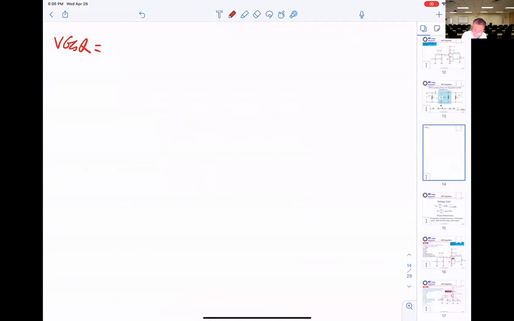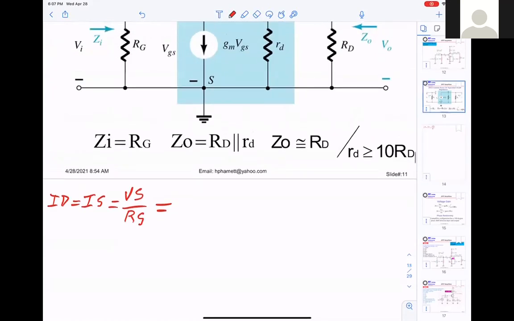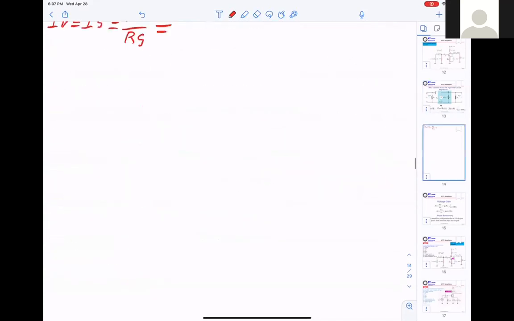Okay, we want to calculate the ID first. ID equals IS equals VS. Okay. Next question.